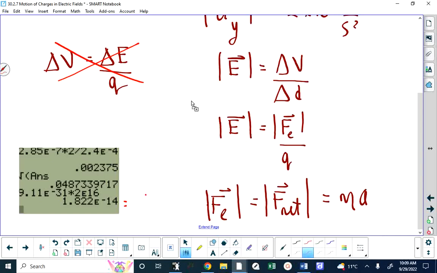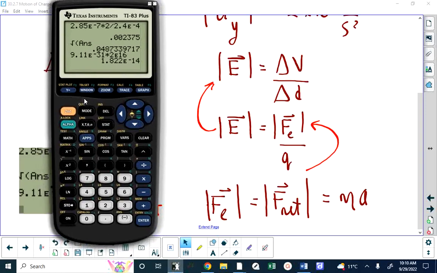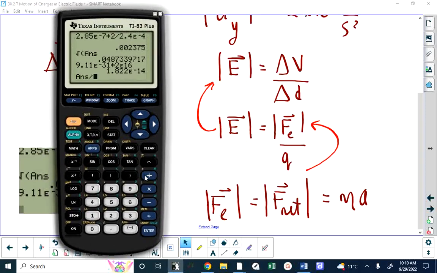This is the force, the net force. And we are finding the net force so that we can put it in here to find the field so we can put it in here. I misspoke when I said that was the acceleration. It's obviously the force. So now I'm going to take that force divided by the charge to get the field. Okay, so that's the electric field.